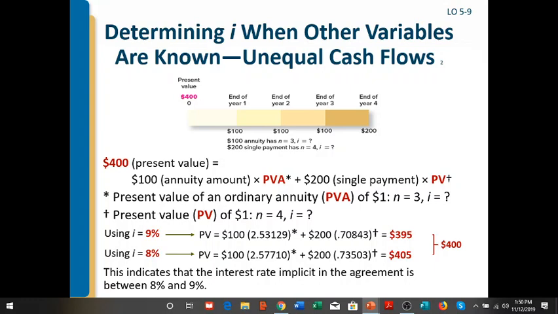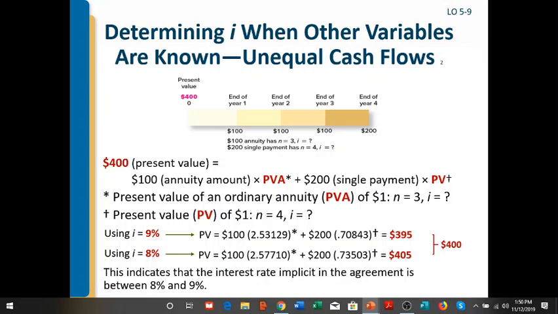All right, if you look in the book at page 257, you've got $400 present value equals $100 annuity amount times some figure, plus $200. So you have to figure out your present value of the annuity payments plus the present value of $1.